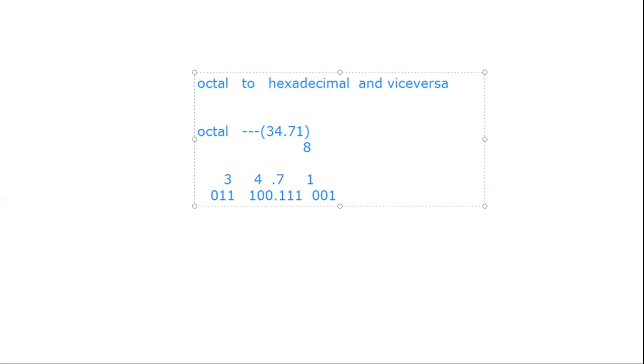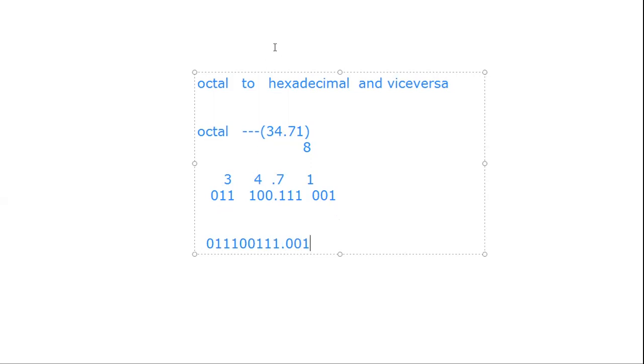Now this will be grouped. So the same will be written: 0, 1, 1, 1, 0, 0, point, 1, 1, 1, 0, 0, 1.